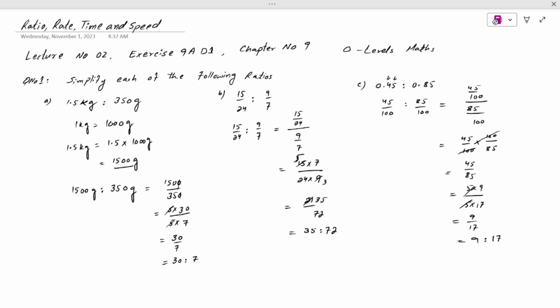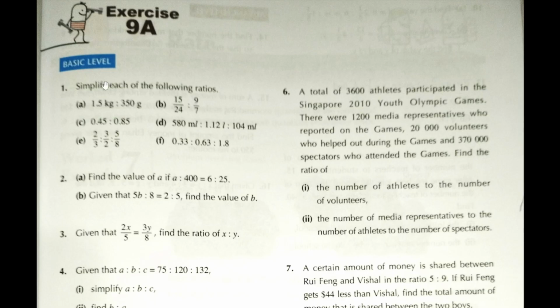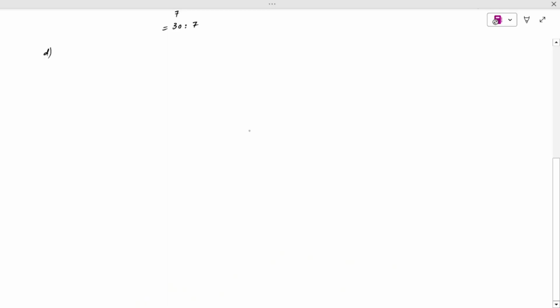Now we will solve part 4 of question number 1, that is part D. Part D is 580 milliliters ratio 1.12 liters ratio 104 milliliters.